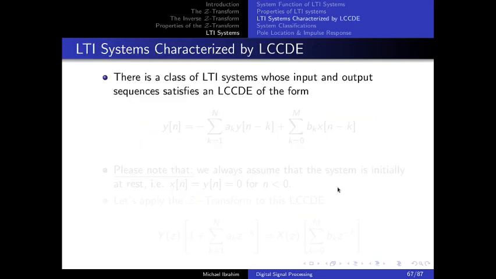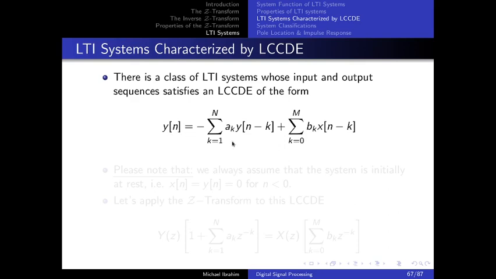Okay, so there is a family of LTI systems that describe what's called the linear constant coefficient difference equation, and we have discussed this equation in the introduction we had in this course. This equation simply is that y of n, the output of the system, equals two summations.